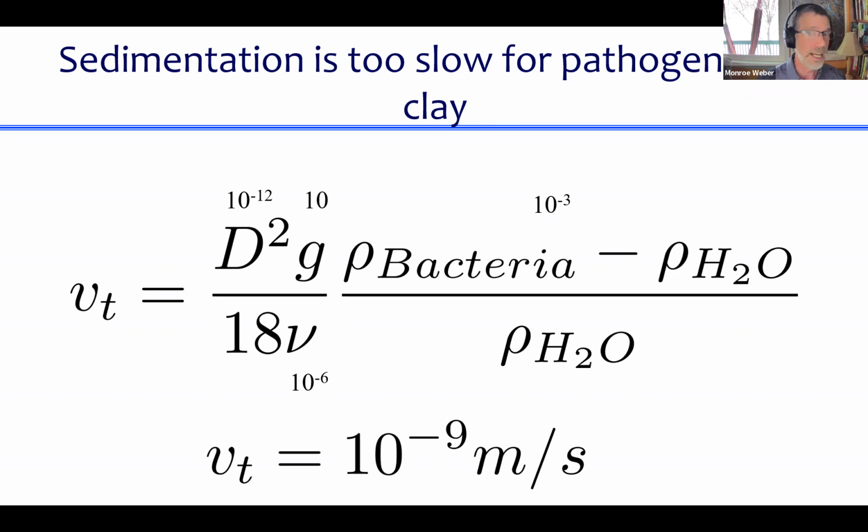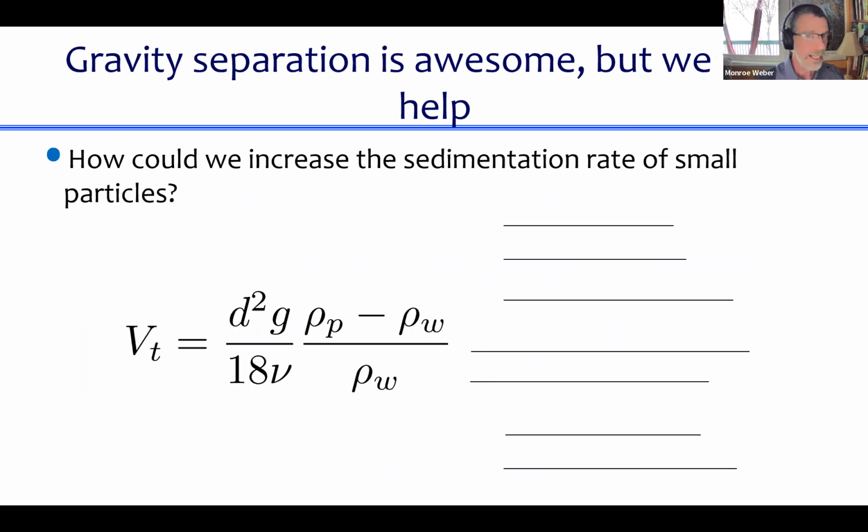But we're going to apply a trick. How could we mess with this equation so that we could improve our ability to remove things? Our problem was that the terminal velocity was much too small. So how could we increase the sedimentation rate for small particles? How could we get small particles to settle faster?